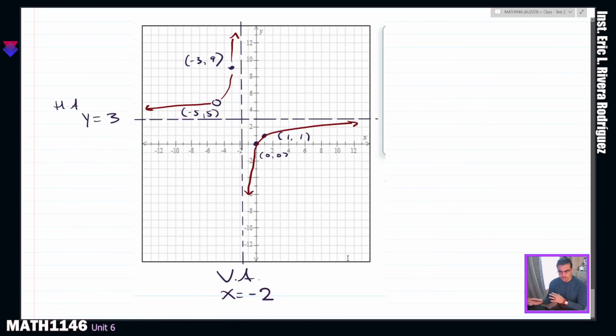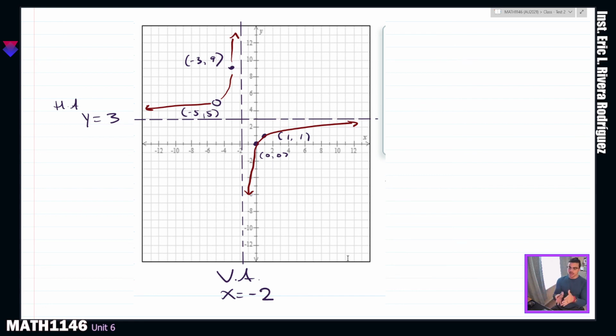Once we have those key points, 2 for each curve, and we have the asymptotes in the coordinate plane, now we are more confident about the shape of the graph. The graph needs to pass through those points, or at least those locations, and the end behavior, or the overall shape of the graph, will be determined by the asymptotes.